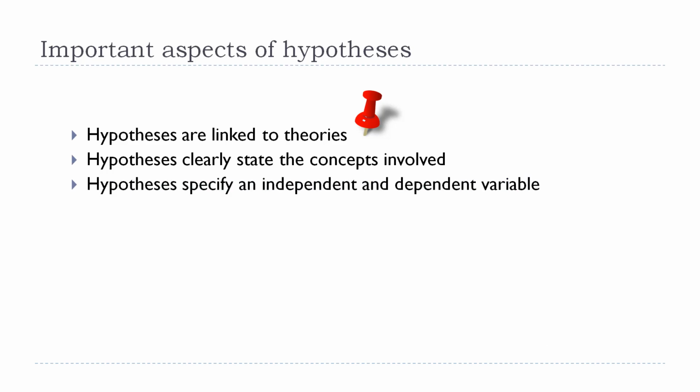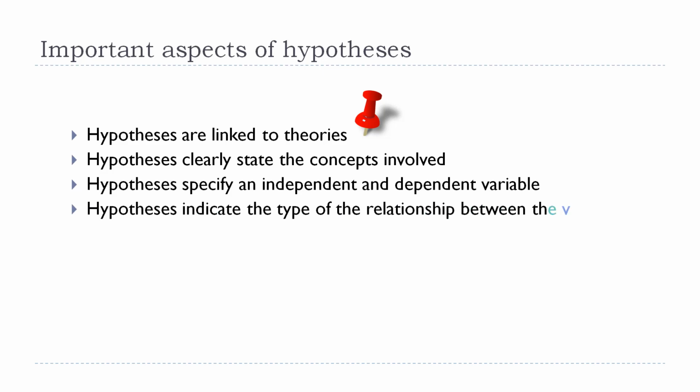Number 3. Hypotheses specify an independent and dependent variable. That's why I said earlier that it wasn't the greatest hypothesis, because even though we stated what the concepts were, we didn't really say how we're measuring them, like how we're actually measuring child abuse. If we wanted a really good hypothesis, we would have done that.